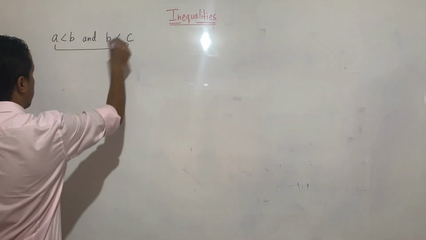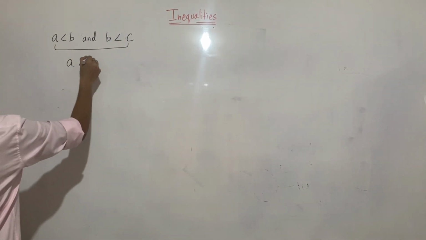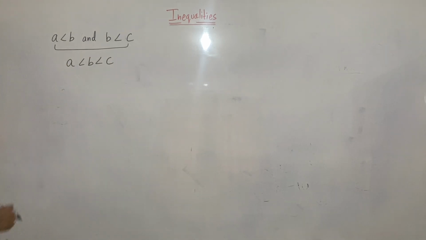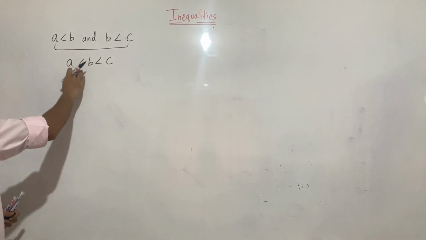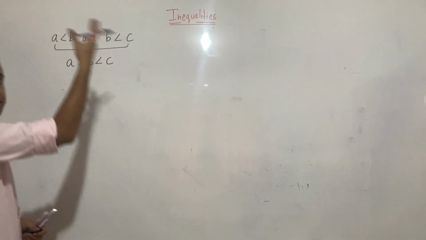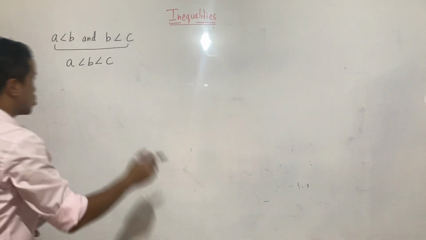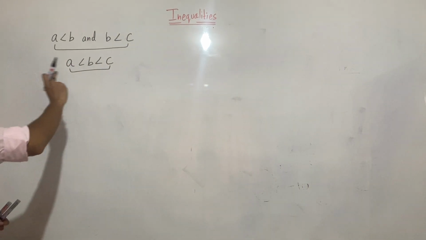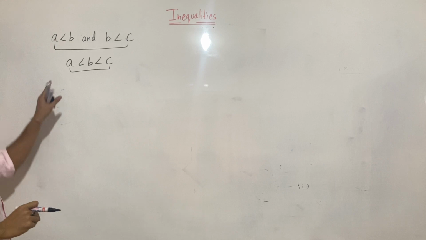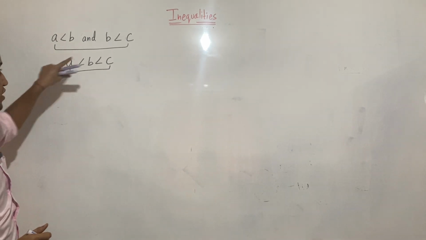If I combine both, then I can write it like this. I hope you agree with me. It means A is less than B and B is less than C. If this happens, then you can establish the relationship between A and C.